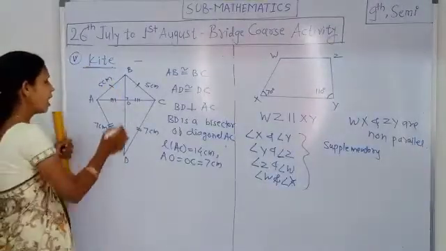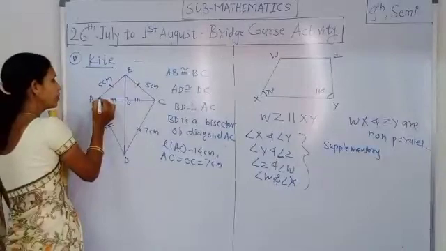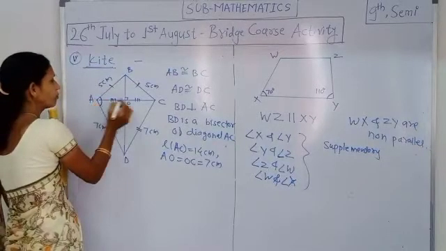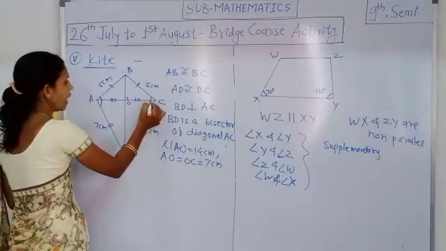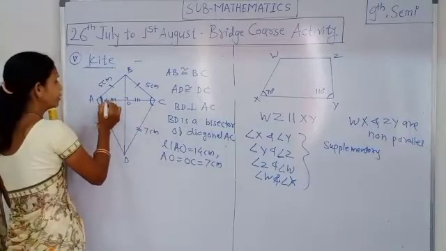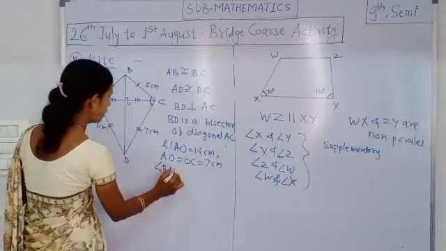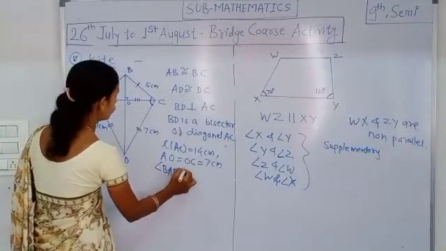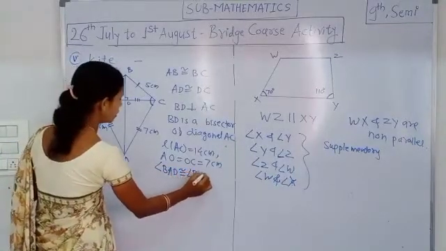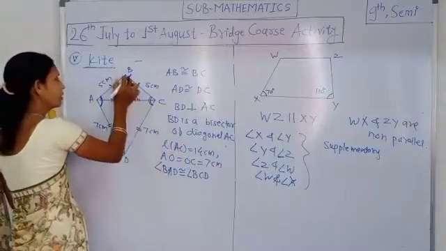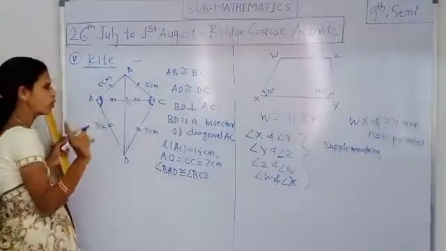Only one pair of opposite angles is congruent. Angle BAD is not congruent to angle BCD, but the other pair, angle ABC and angle ADC, is.